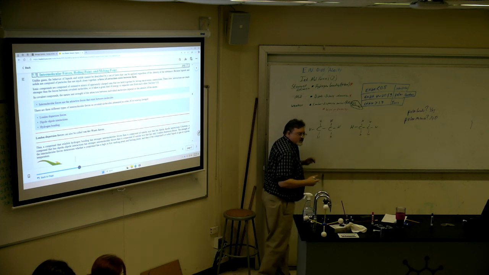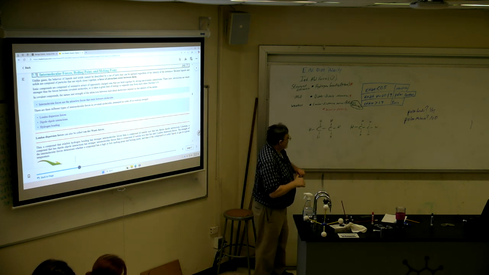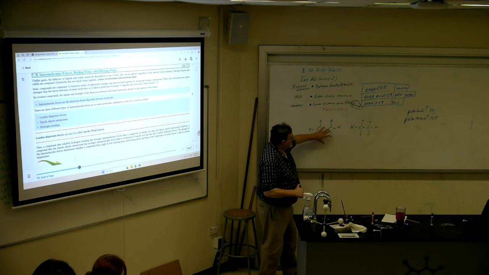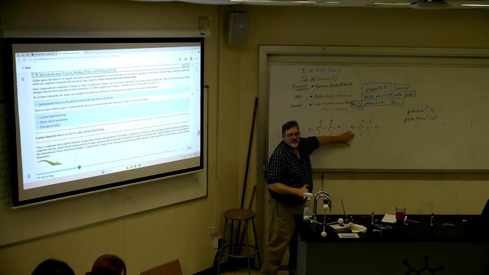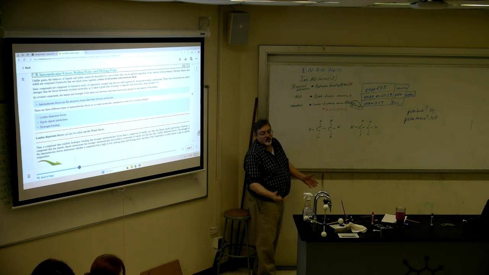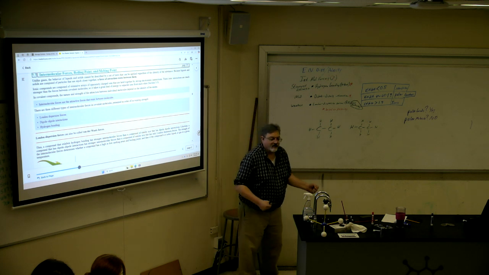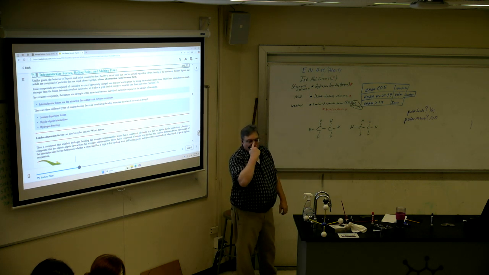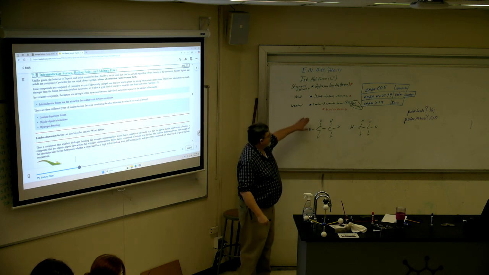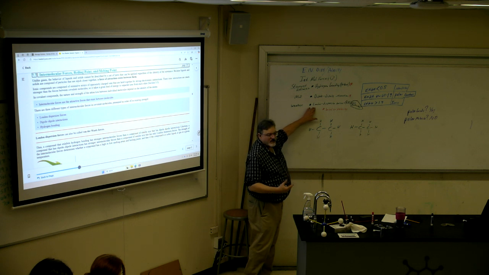It's true of liquids if it was liquid as well. If I have a bunch of these in a container, there's still a very small amount of attraction among these, despite there being no polarity, no positives and negatives. So that one's weird, I won't go into it, but it's just a very weak attraction. So all molecules have some attraction to each other. If there's no polarity at all, they still have a very slight attraction to each other.